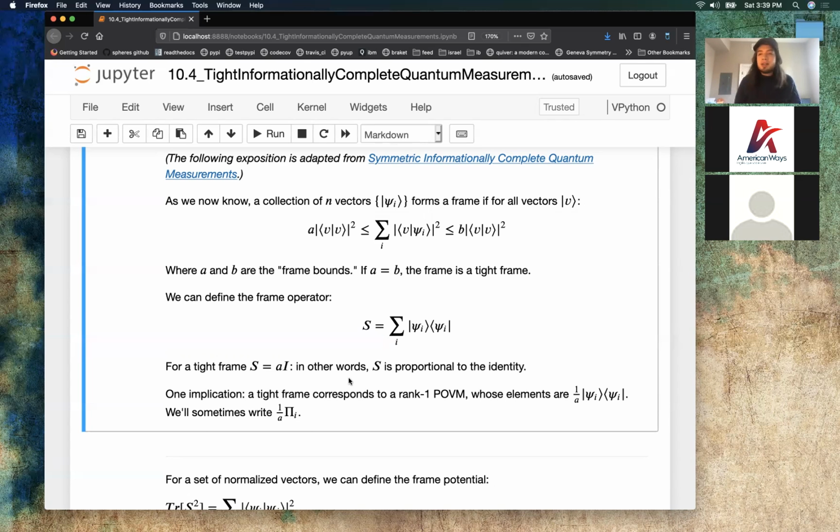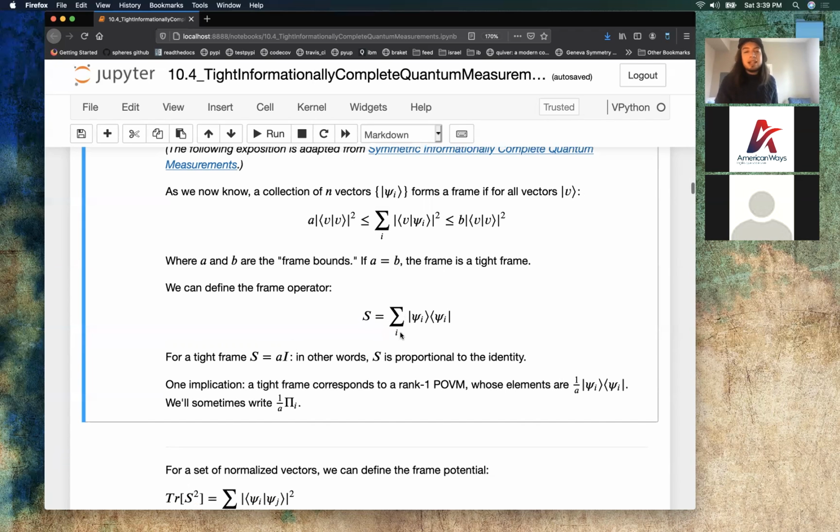If you recall, the POVM elements are a set of Hermitian, positive semi-definite matrices or operators that sum to the identity. And so you can see that if we have a tight frame, you stick in a factor of 1 over A here, then this will literally sum to the identity.